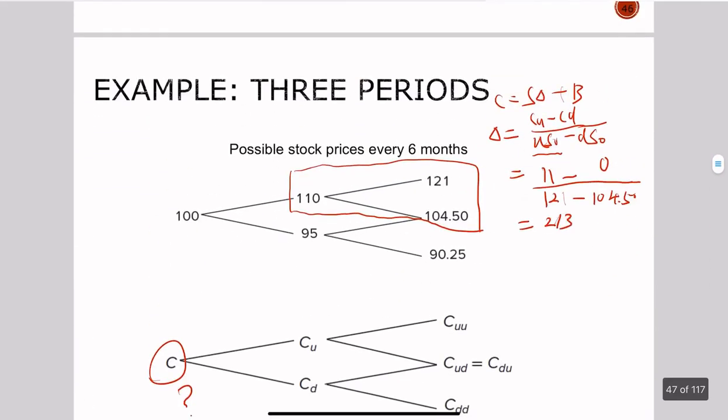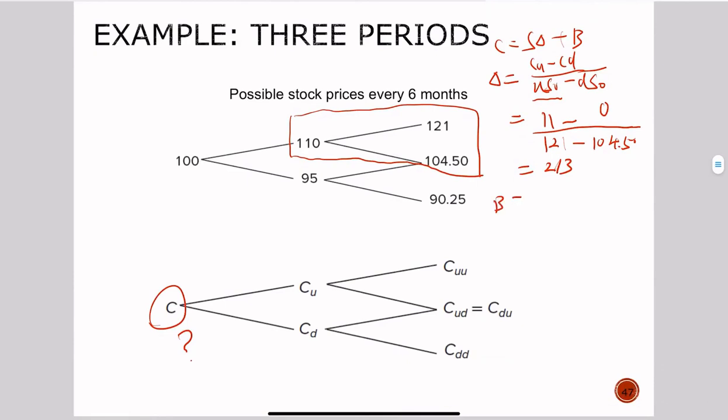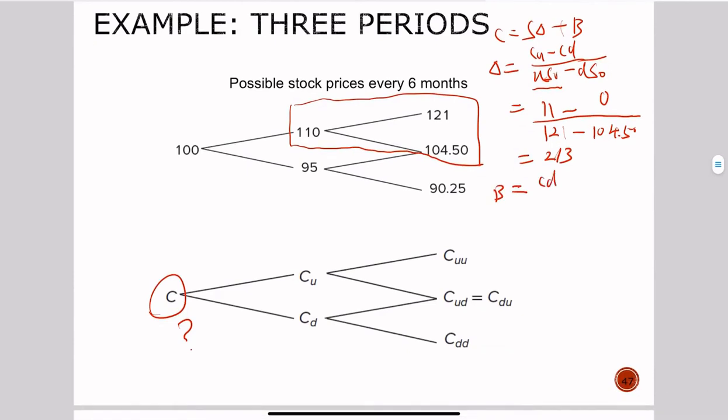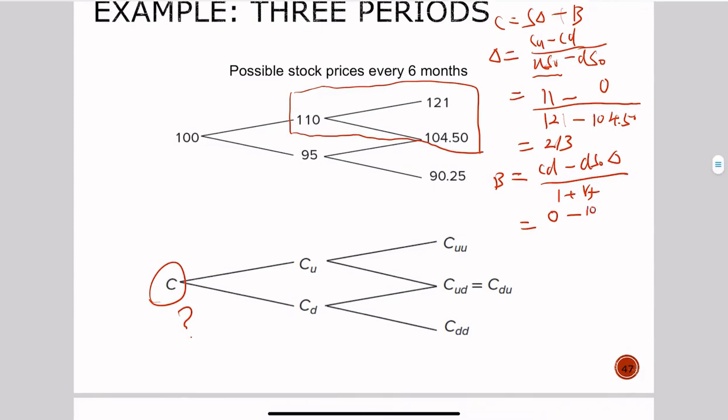Right? Now what about B? Well, B equals Cd minus DS0 delta over 1 plus Rf. Now, Cd, well, we know what Cd is here. It's just 0. DS0 is just this lower price, 104.50. Delta, we just solved. It's 2 over 3.